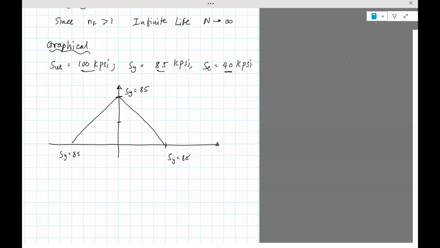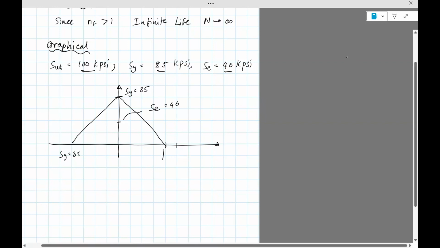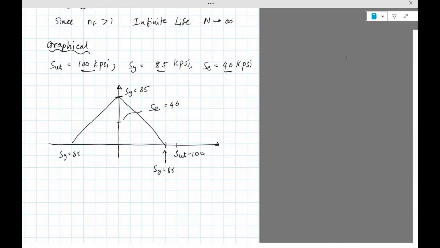So SE is 40. And then SUT is 100 kpsi. That's approximately here. So just join this.